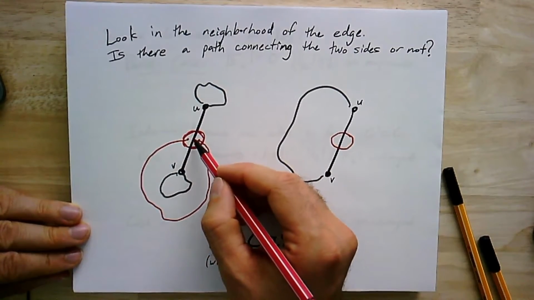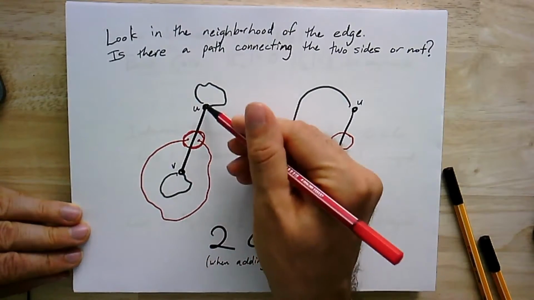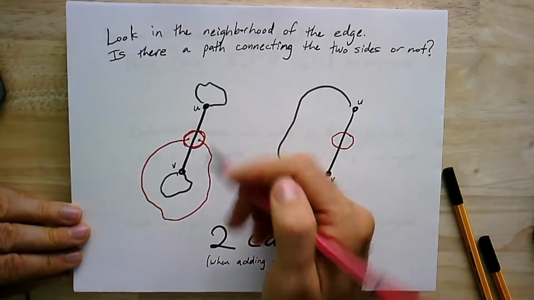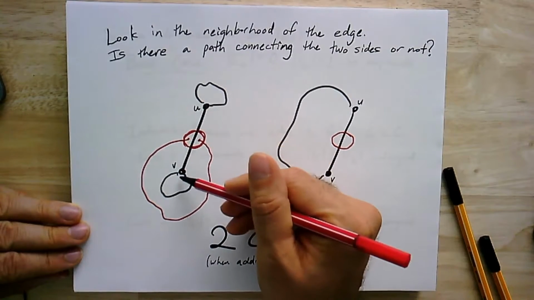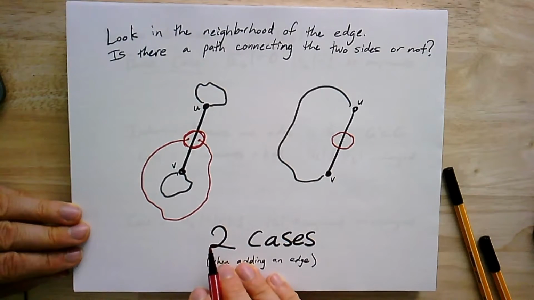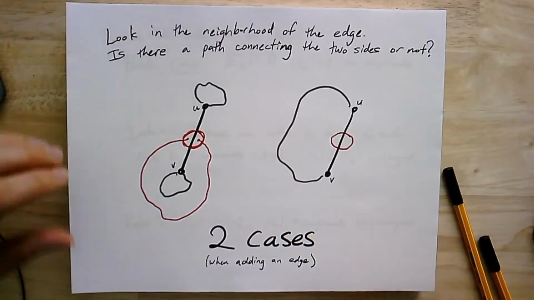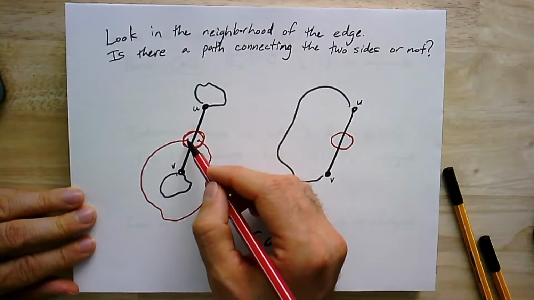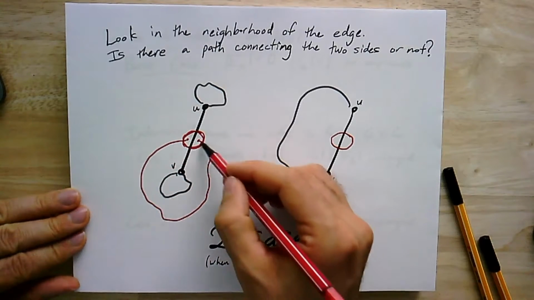And if I were to, say, remove that edge, then I could complete it into a Jordan curve, and U and V would be in separate components. Okay, so this is exactly the case where adding the edge from U to V now makes these two components 1. So this is adding 1 to the number of components, and the number of faces stays the same, because anything that was a face before is still a face, and this edge that I drew can't separate two faces because I have this other path.